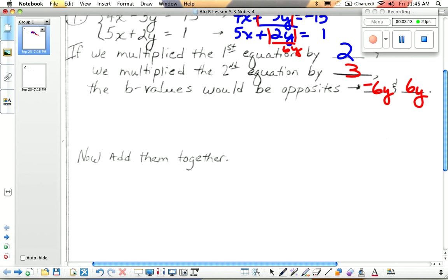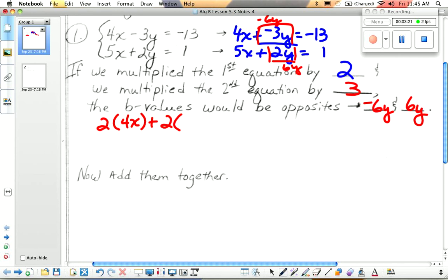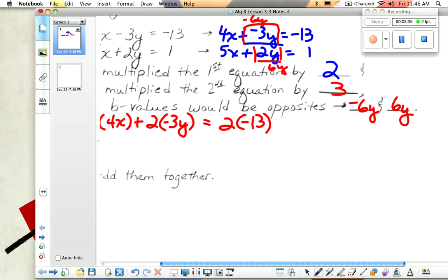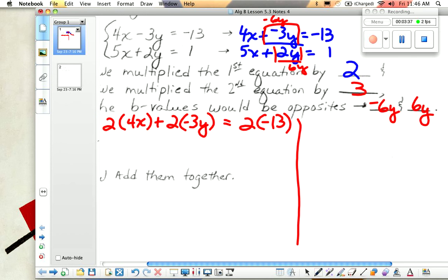Okay, so we're actually going to show the multiplying. We have 2 times our 4x plus 2 times our negative 3y and 2 times our negative 13. We have to get these renamed. You have to do that to every single one of them. And then we'll do the other one right beside it.